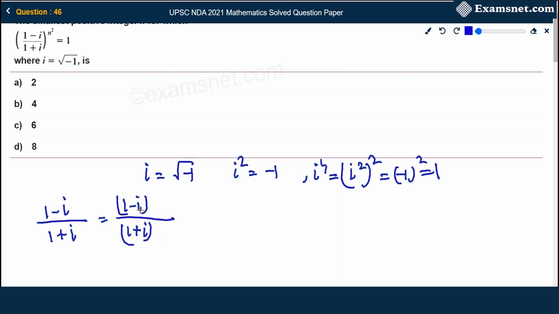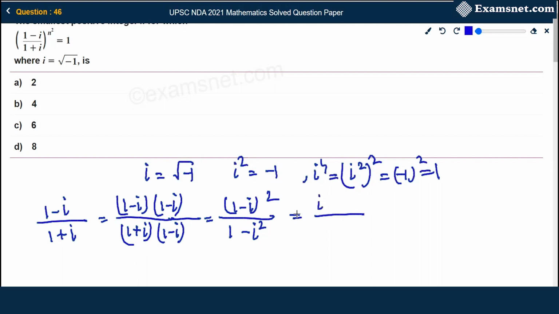For rationalization, we will multiply 1 minus i with both numerator and denominator. The denominator is in the form (a plus b) into (a minus b), and that would give us the value a square minus b square.